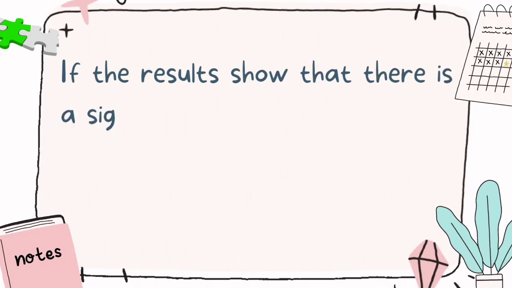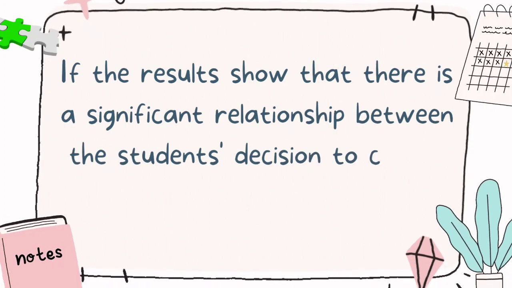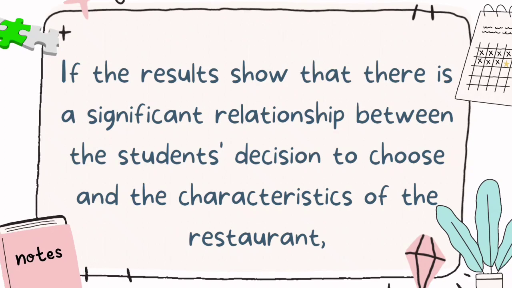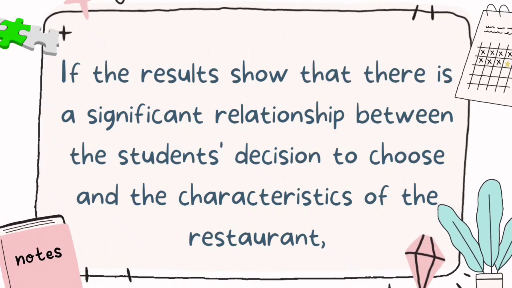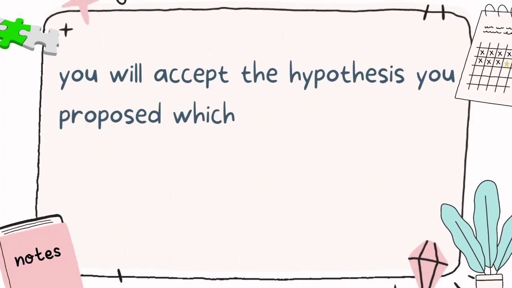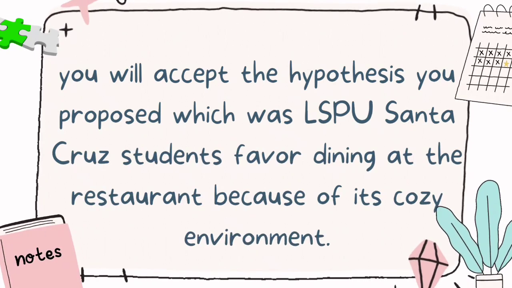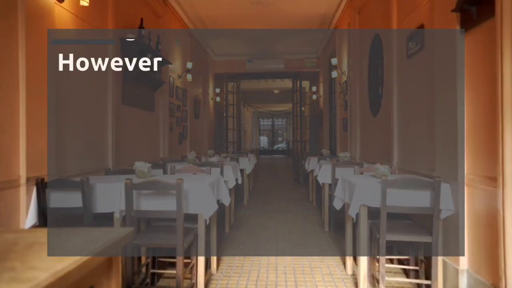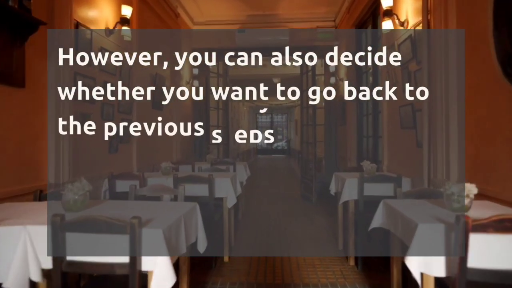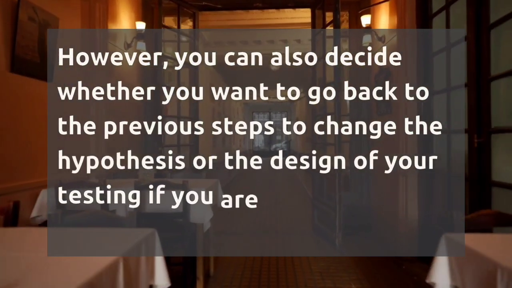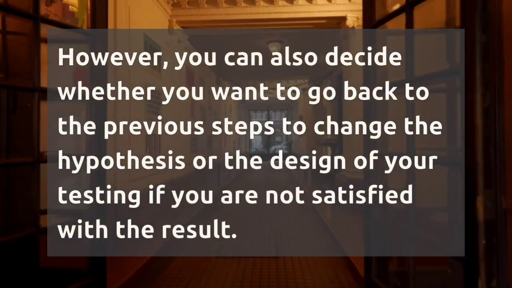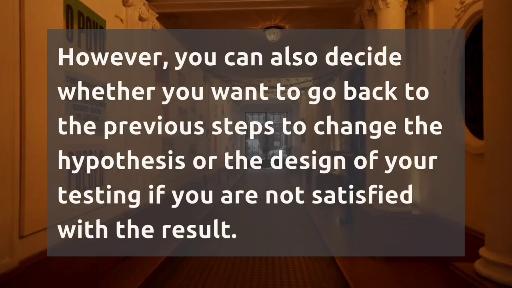If the results show that there is a significant relationship between the student's decision to choose and the characteristic of the restaurant, you will accept the hypothesis you proposed, which was LSPU Santa Cruz students favor dining at the restaurant because of its cozy environment. However, you can also decide whether you want to go back to the previous steps to change the hypothesis or the design of your testing if you are not satisfied with the result.